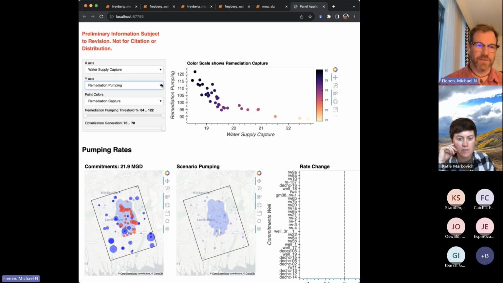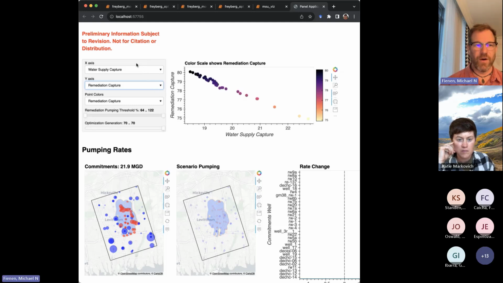Those are the five objectives. So when we're looking at the front, we can only look at 2 at a time, right? And if you look at the remediation capture against water supply capture, it still makes a pretty clean line.